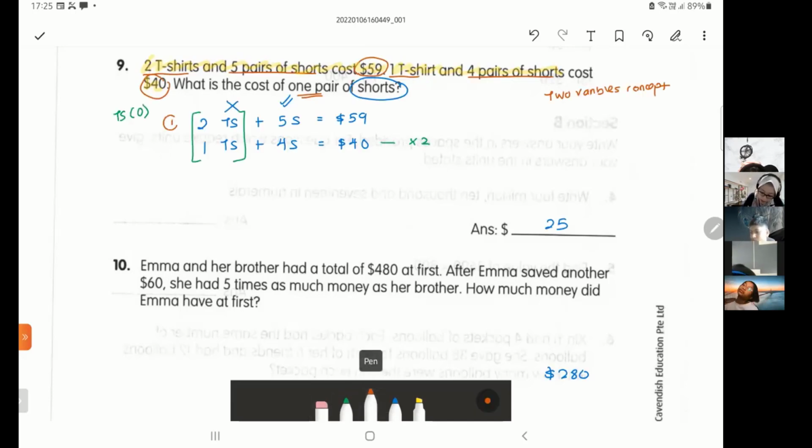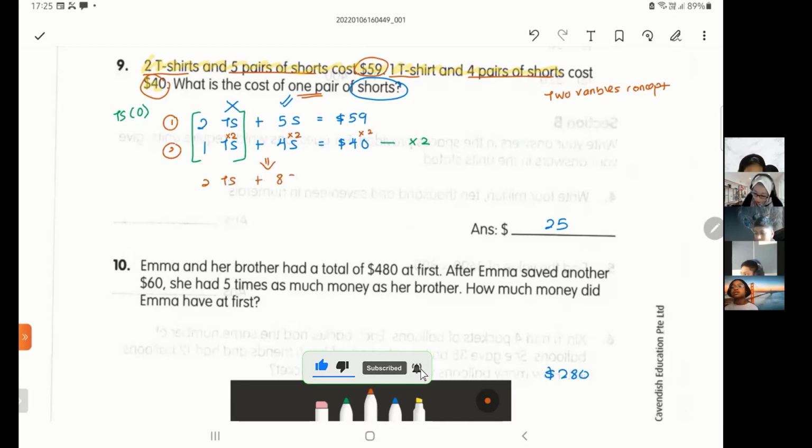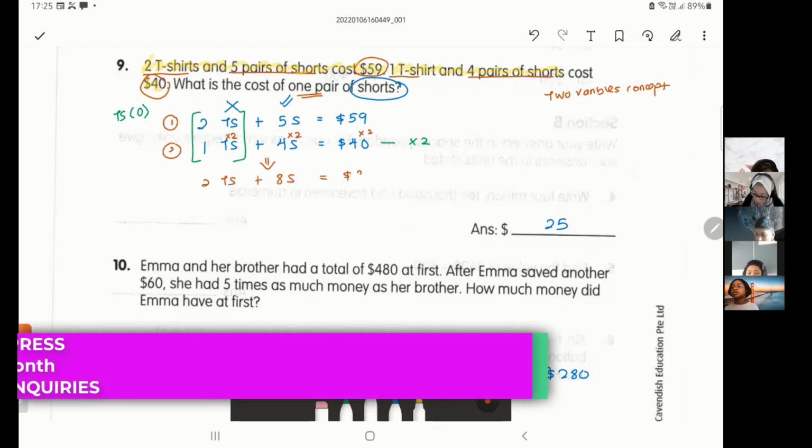This is 1, this is 2. Everything in row number 2 times 2. So it will be like this. So row number 2 will become times 2, times 2, times 2. So it will become 2 t-shirt plus 8 shorts equals to $80.